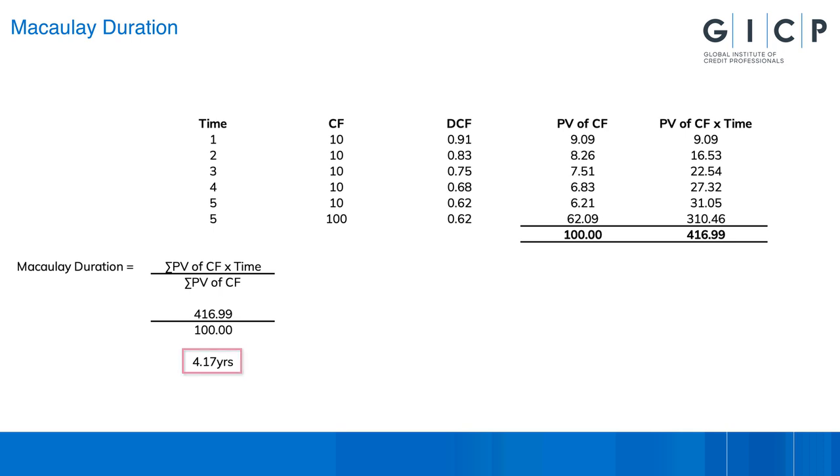If we increased the yield to 15%, then the Macaulay duration falls to 4.08 years. And if we reduced the yield to 5%, then the Macaulay duration rises to 4.25 years.